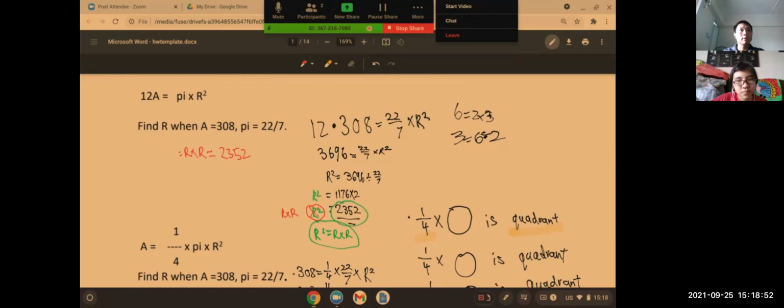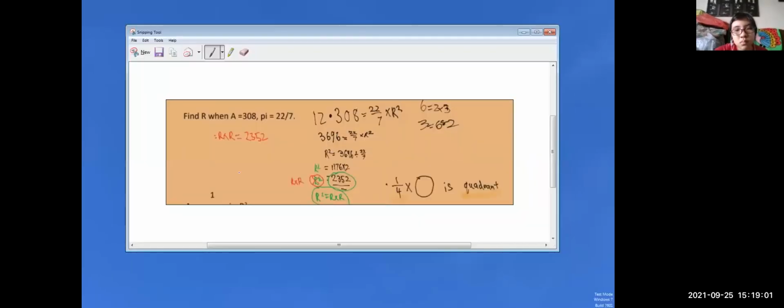Okay, let me share my screen. Can you see my screen? Yeah. Okay, so by the way, there is a button on your calculator, is this. So whenever you get R times R equals to 2352, whenever you have something times itself, you always use the square root.